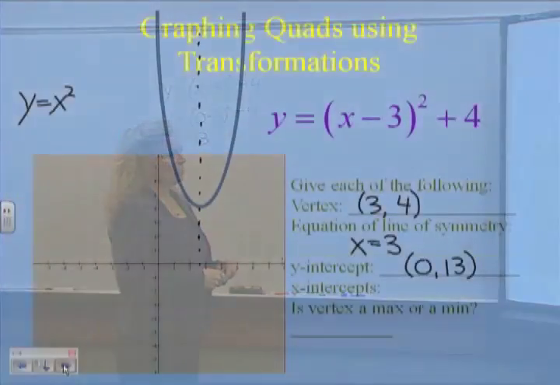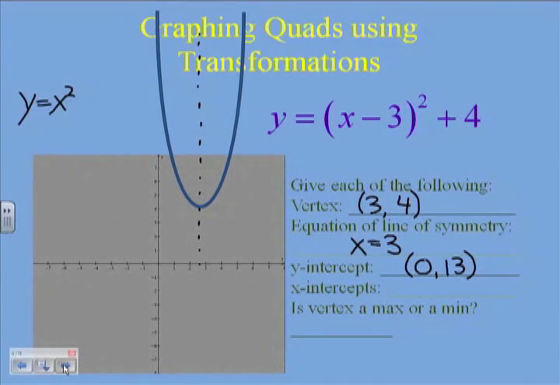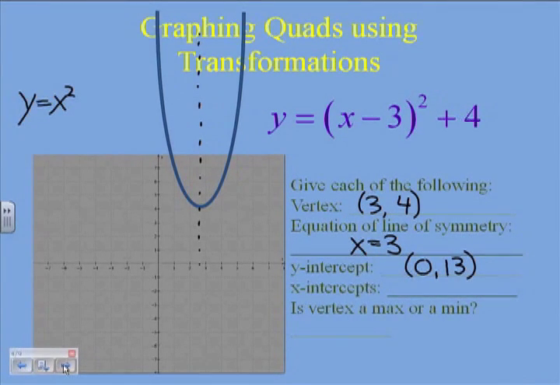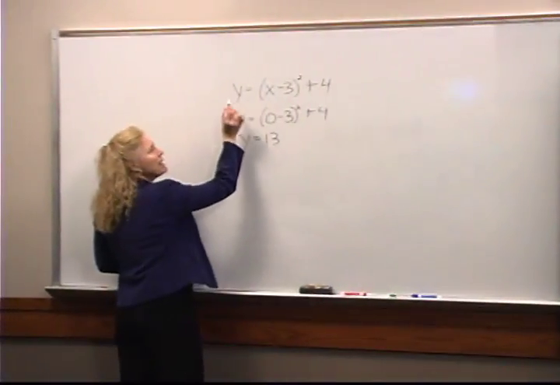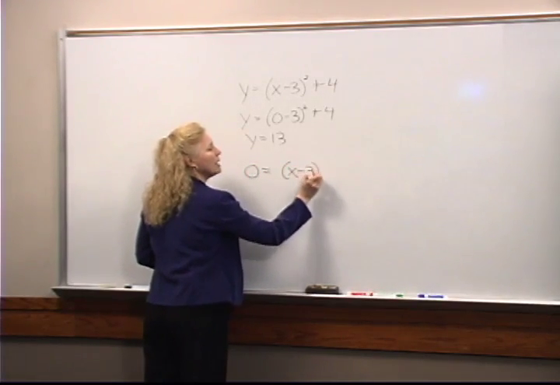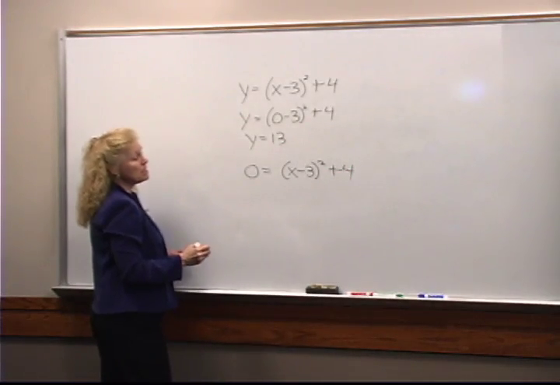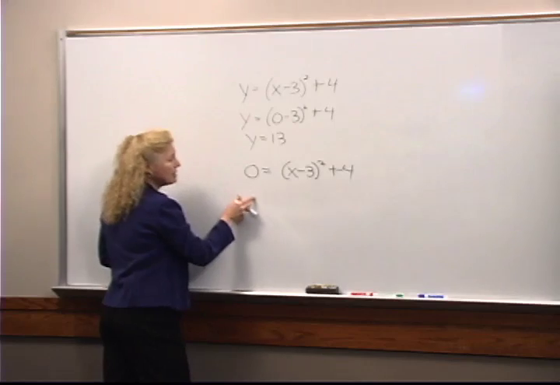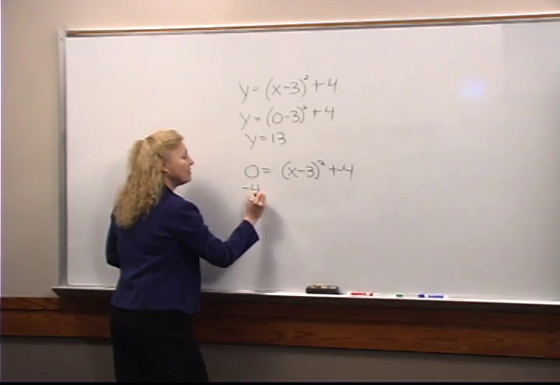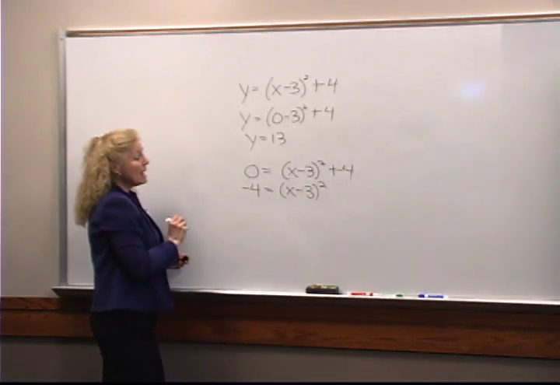X-intercepts. Take a good look at that graph. What do you think you have as x-intercepts? Probably none. To get my x-intercepts, I'm supposed to put 0 in for y and solve and find out x. With this particular arrangement, I would subtract that 4 over. Negative 4 is equal to x minus 3 squared.